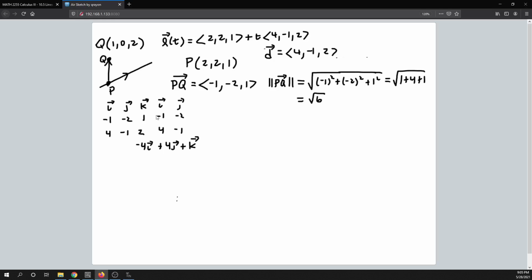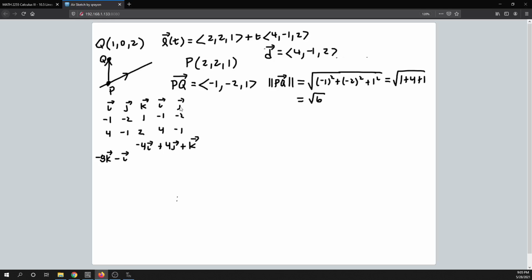All right, and then going back the other way, we have negative 8k. And that's from here, k times negative 2 times 4. We have I times 1 times negative 1, so that's minus i.